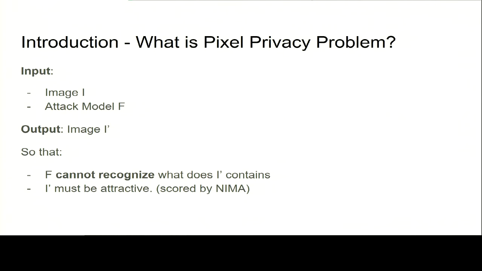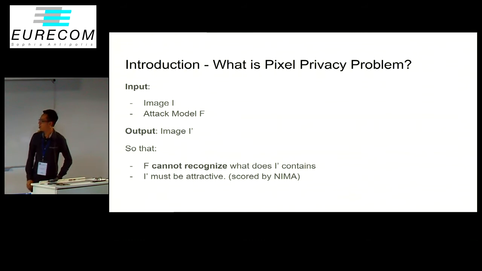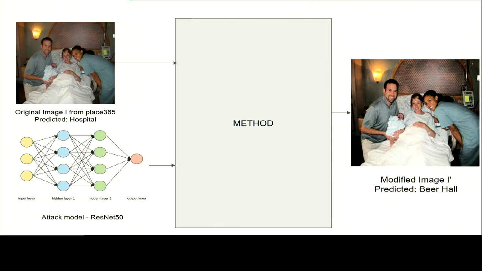A brief summary: the input will be an image with a pretrained model F, and we have to generate a new image from the model so that the pretrained model cannot recognize the class that the image contains, and also the new image must be attractive based on the NIMA score.